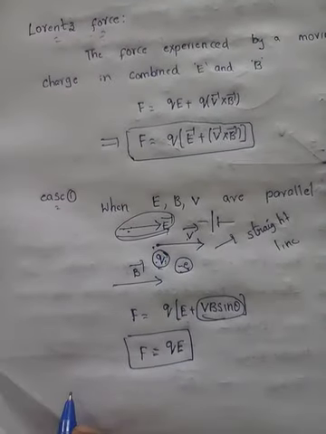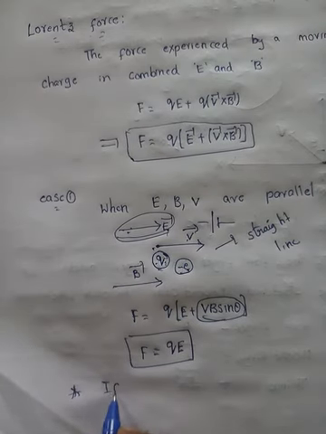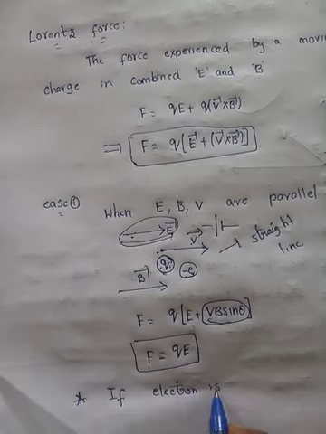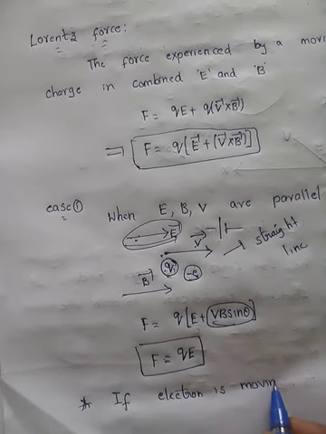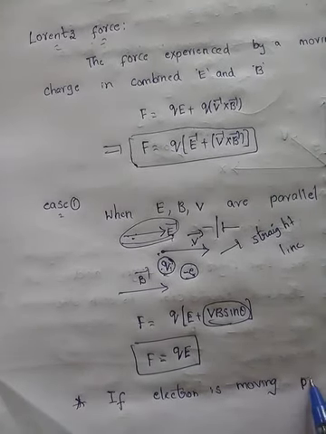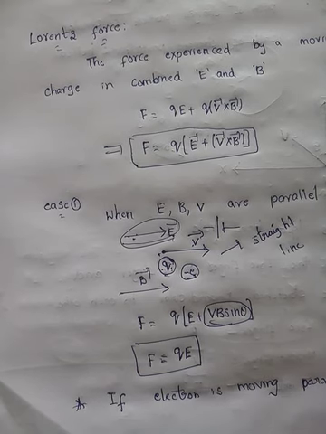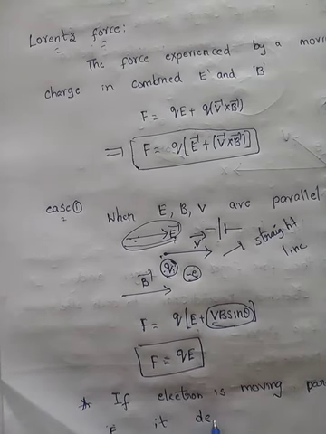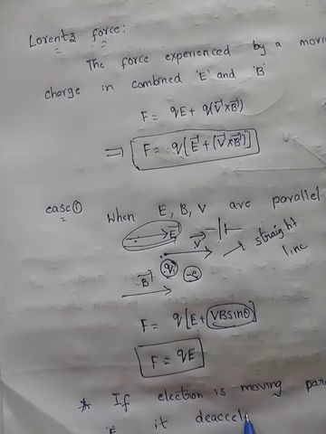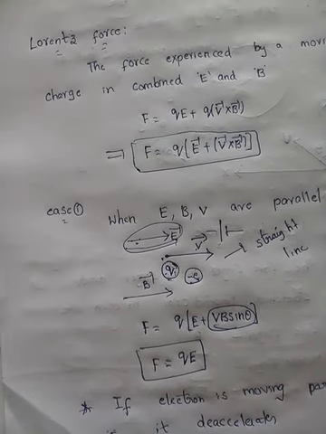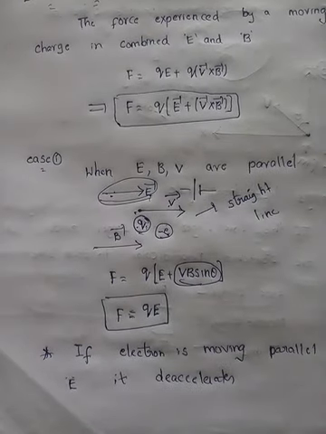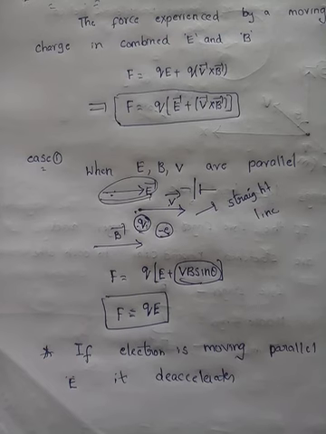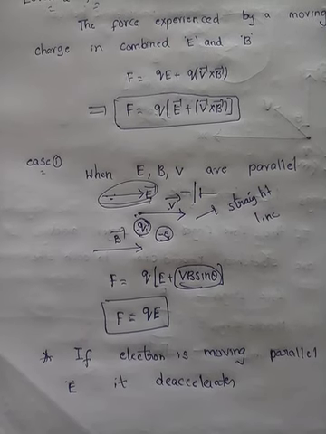So, if the electron is moving parallel to the electric field, it decelerates. Why will it decelerate? Because the direction of the electron's motion is from negative to positive, while the electric field is from positive to negative, so its velocity decreases. So, this is the first condition.